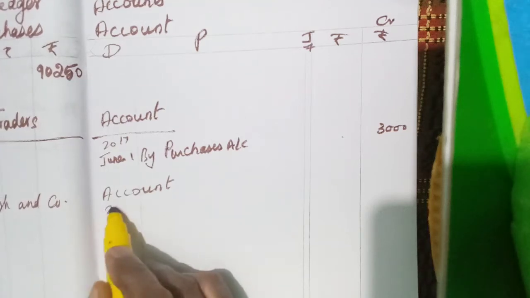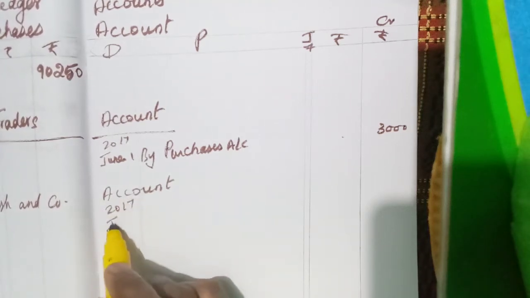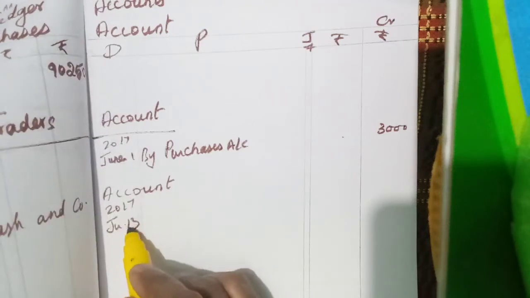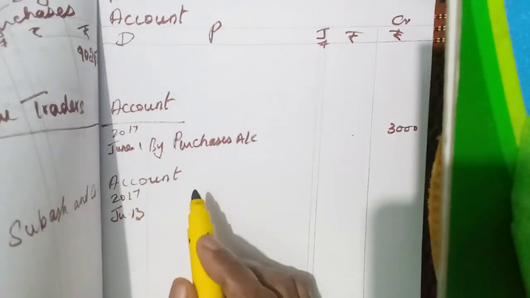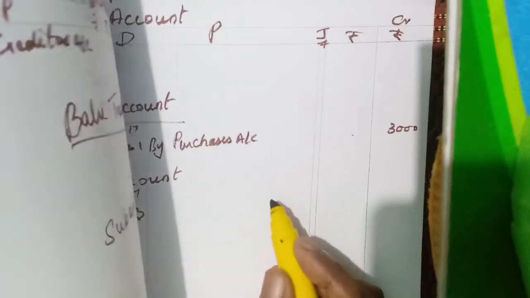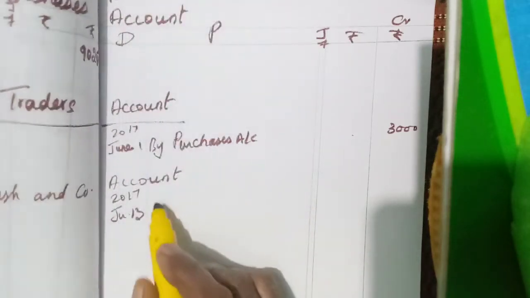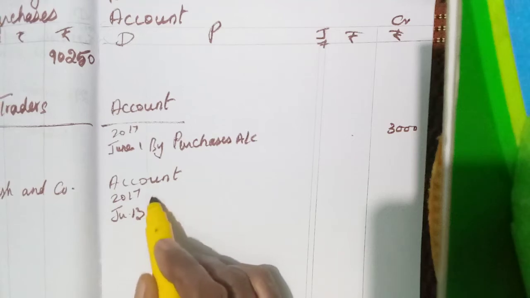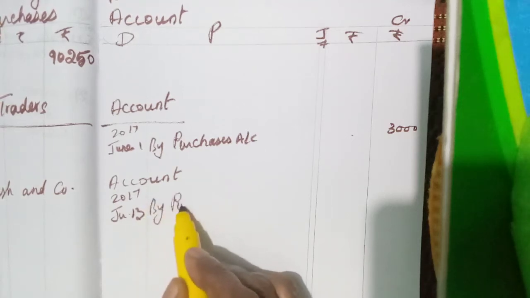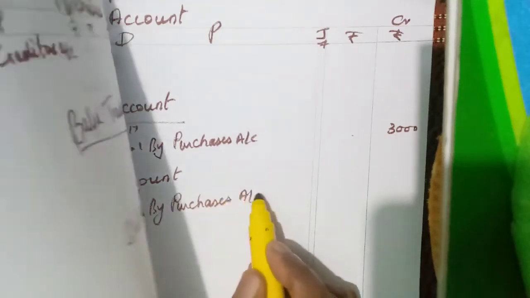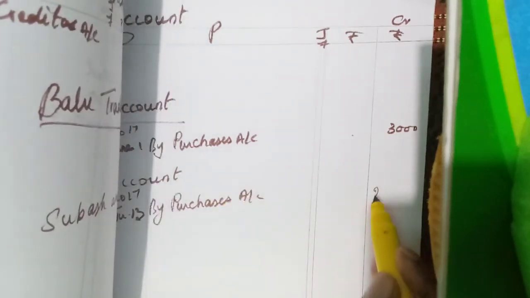The same way, 2017 June 13. Okay. How much net amount can we write? 22,000 by purchases account. 22,000.